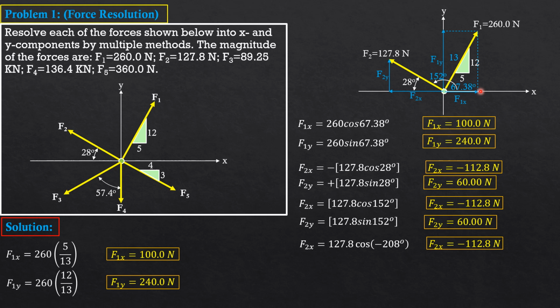Again, negative 208 is negative 180 and another negative 28. The angle is negative in clockwise direction from the positive x-axis. F2y is 127.8 sine of negative 208. So F2y is 60.00 newtons. So for the next force, let's have it on the next slide.